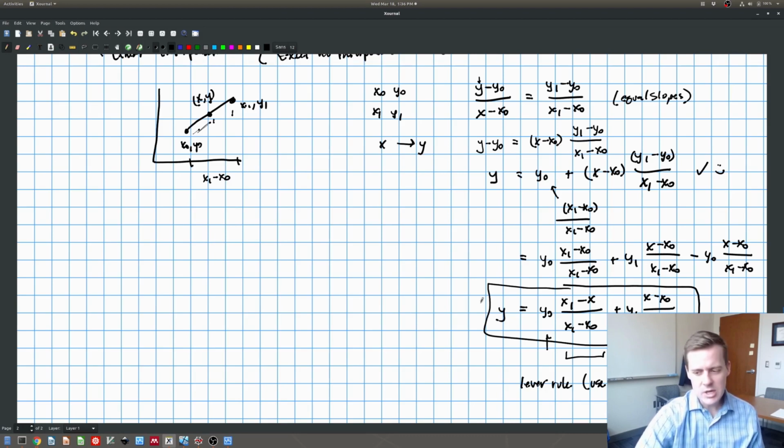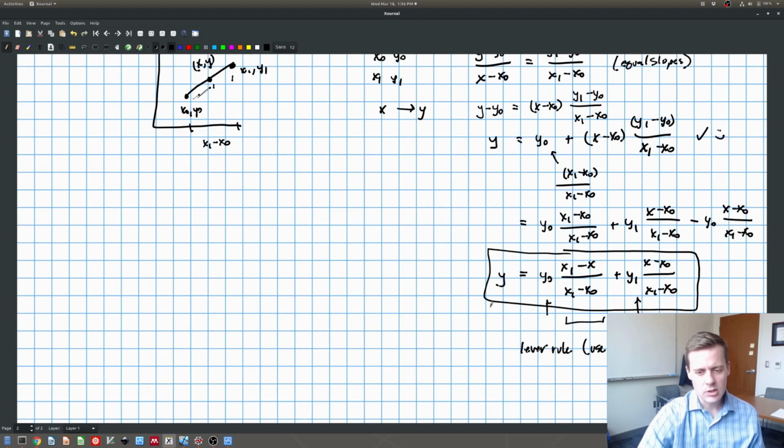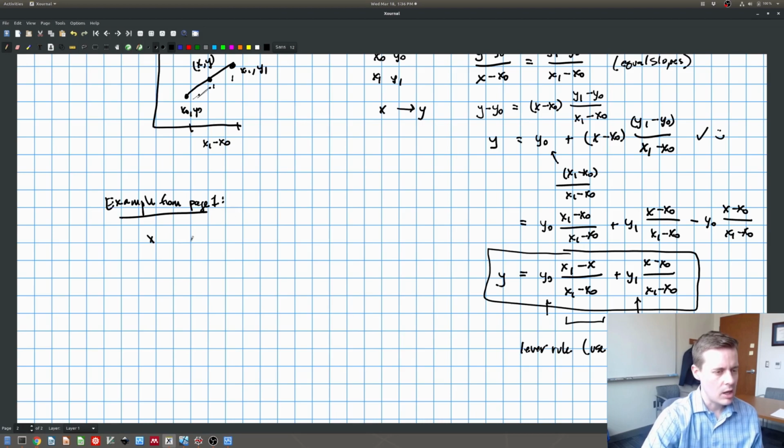All right, so we can use this formula to go back and do our example from the very first page. Example from page 1. Okay, so remember, we had x0 equal to 0 and y0 equal to $0.